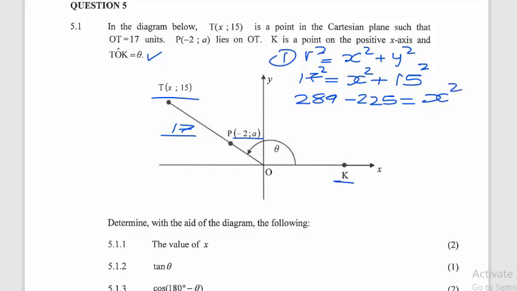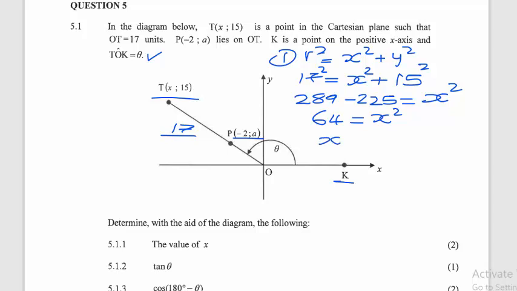Remember, we are just looking for x. So 289 minus 225 is equal to 64. We still have our x squared. Now, we need to find x, right?